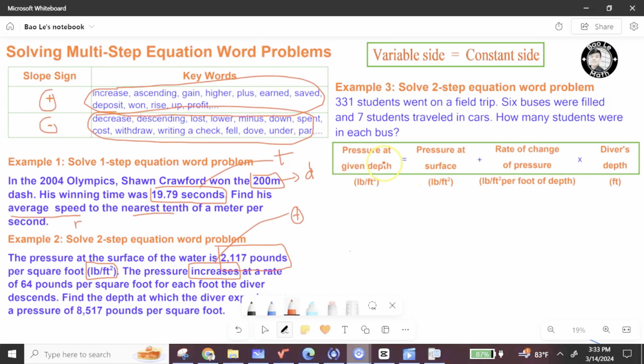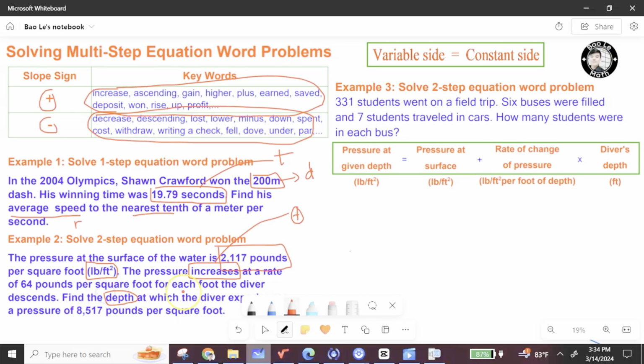So you need to know that the pressure at the given depth equals the pressure at the surface plus the rate of change of the pressure multiplied by the diver's depth, right? The question asks you to find the depth.